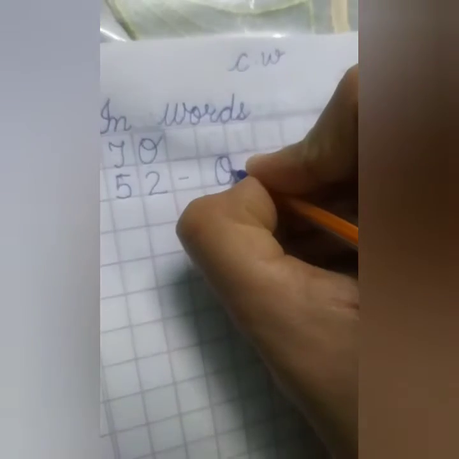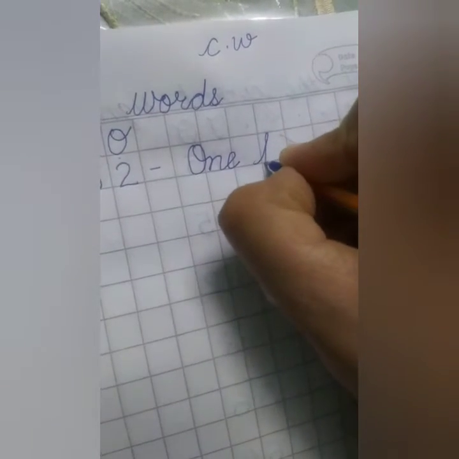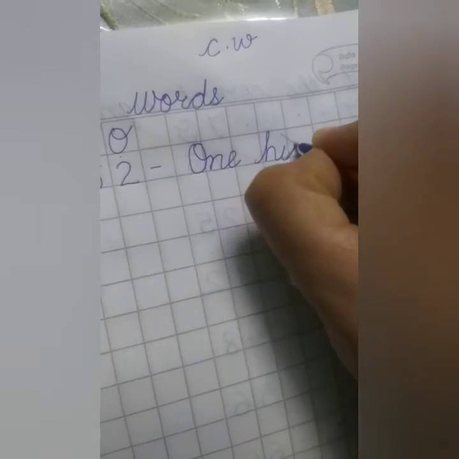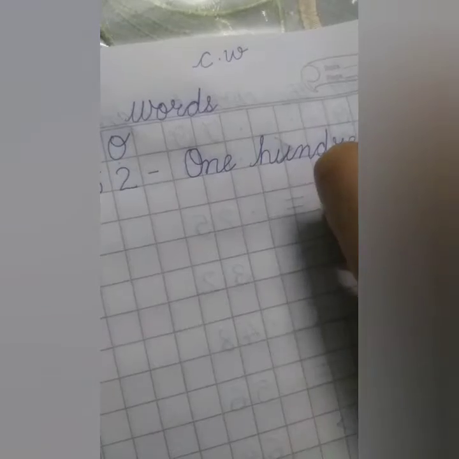So let's start. The first number I am giving you is 152. Put a dash. Write 1. Now what do we have to do? Take one finger gap and write HUNDRED.